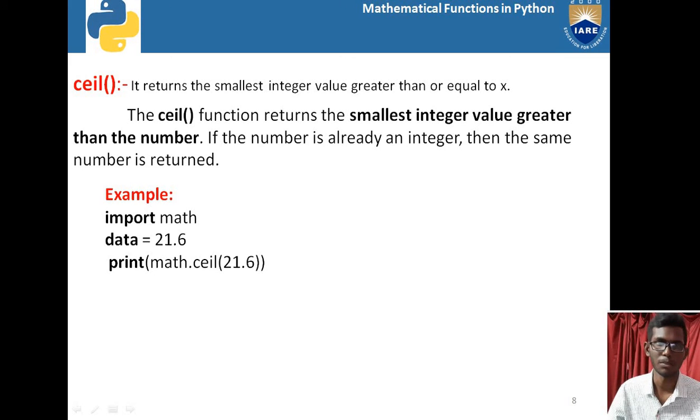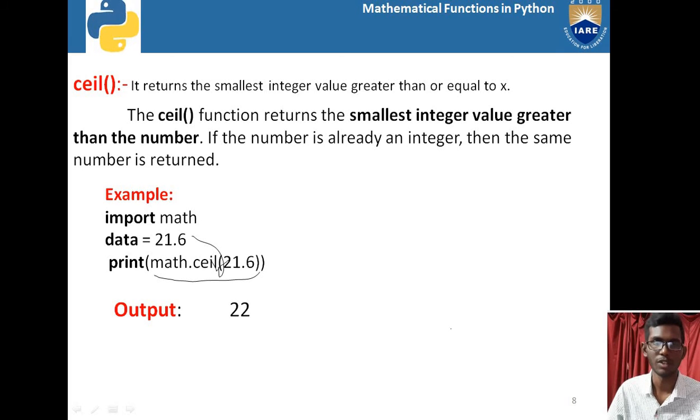Now we print math.ceil 21.6. Now we get output as 22. This 22 is greater than 21.6. We can also print math.ceil data, because we assigned data as 21.6. We get the same output, 22.